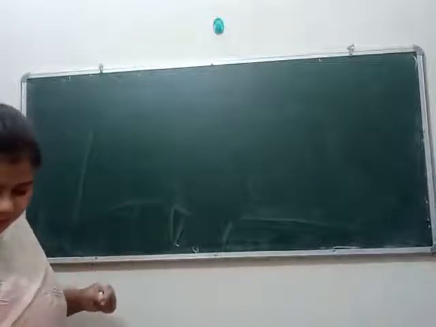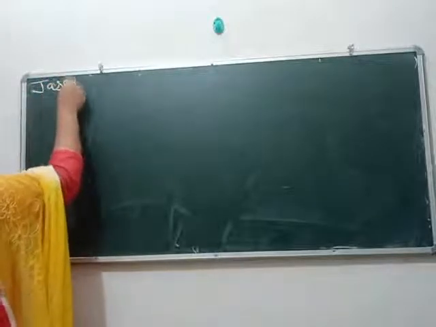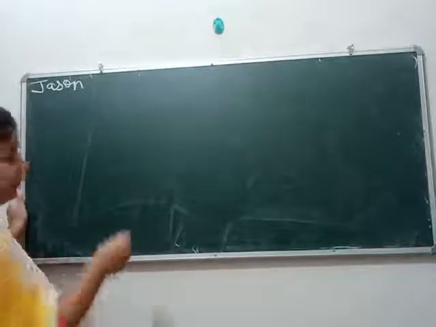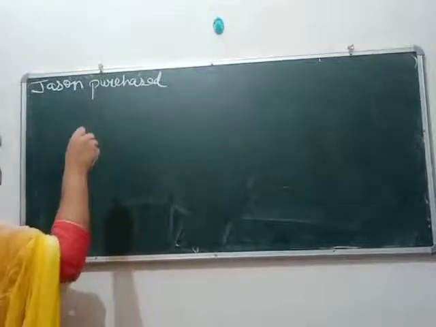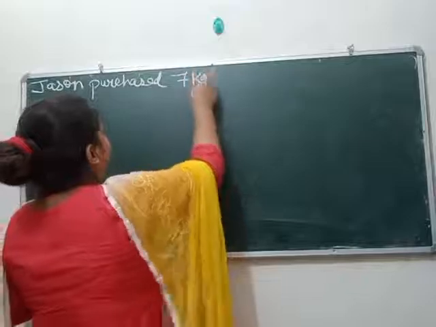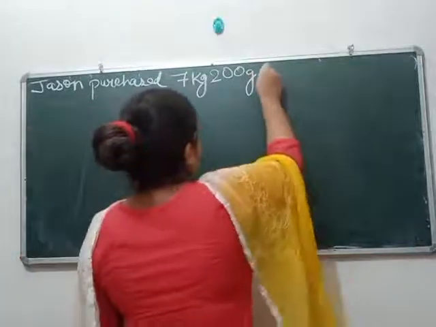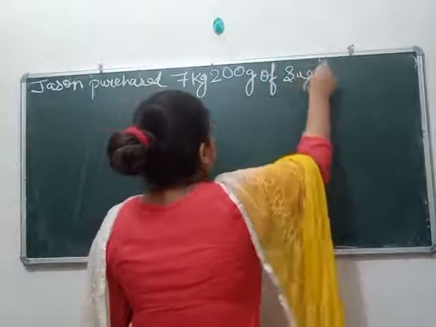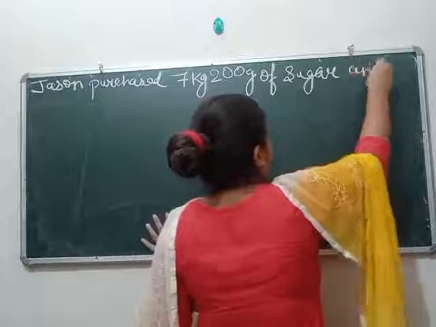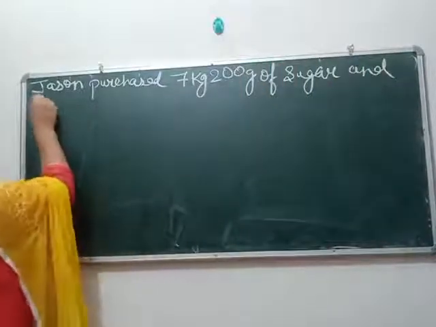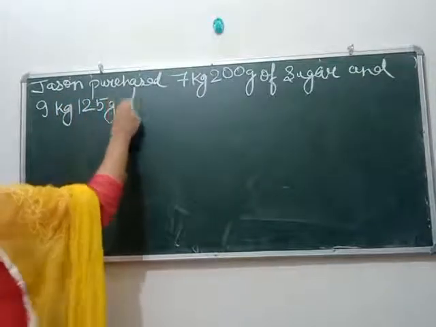Question is, Jason purchased 7 kg 200 gram of sugar and 9 kg 125 gram of rice.